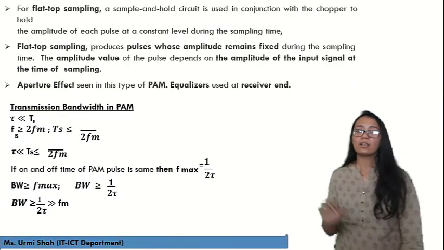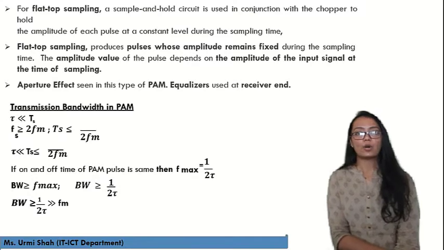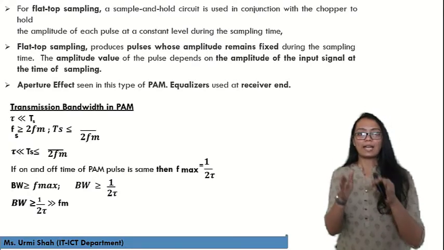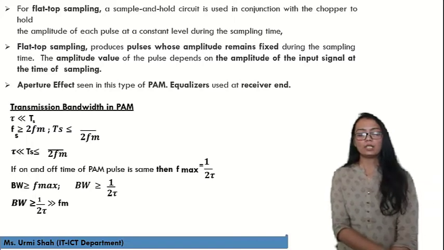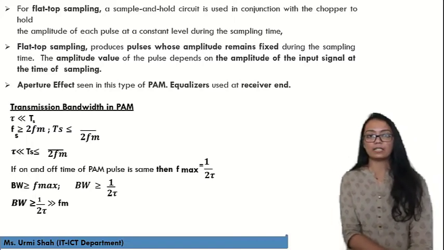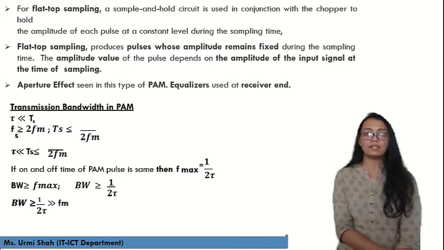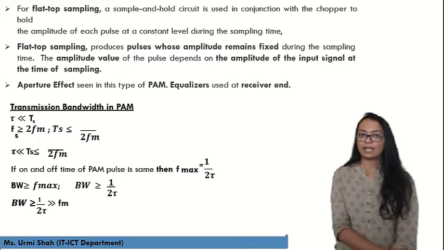Now if you have flat top sampling, a sample and hold circuit will be used to chop and hold the signal, and then the amplitude of each pulse will be constant during the sampling time.